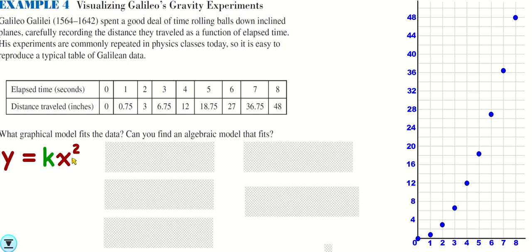What we do from here is we realize that my equation is going to be like y equals some unknown number times x squared. Now stay with me here. Quadratic equations could also have an x term, a linear term, and also a constant term.